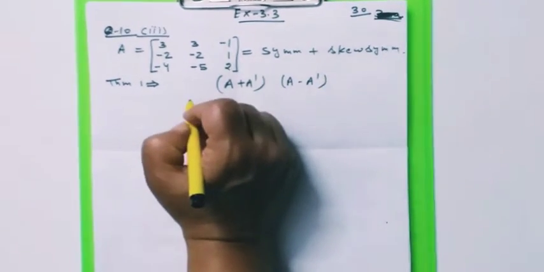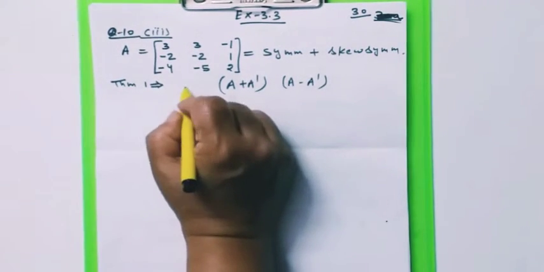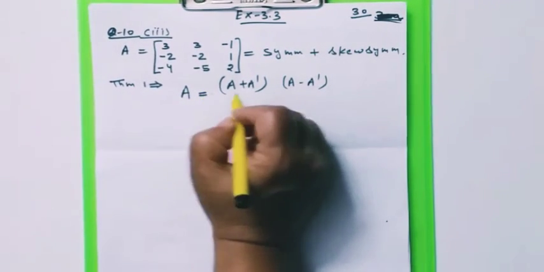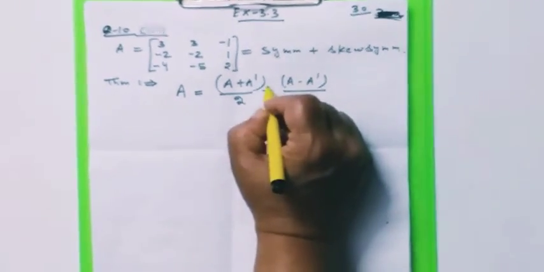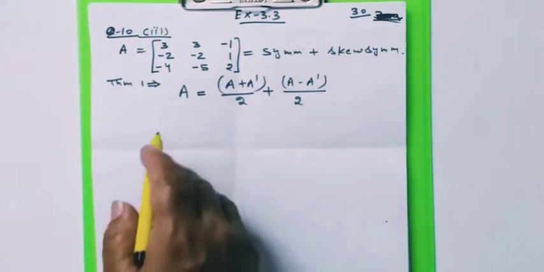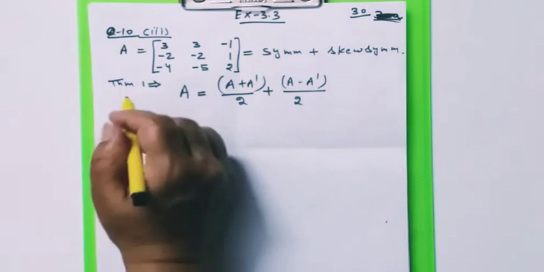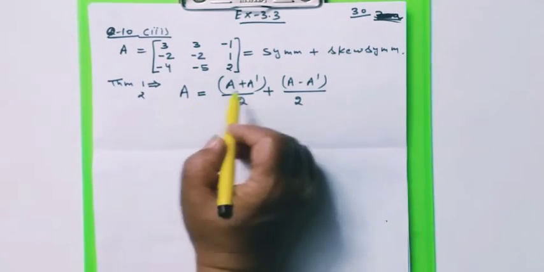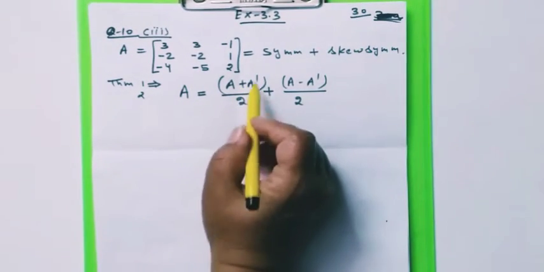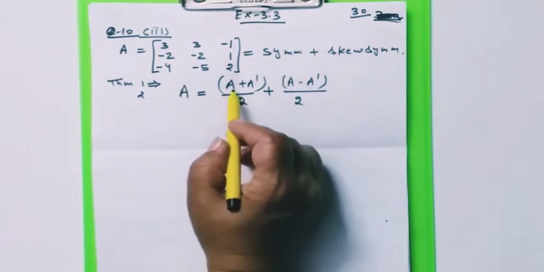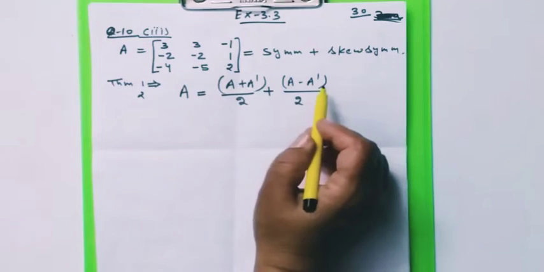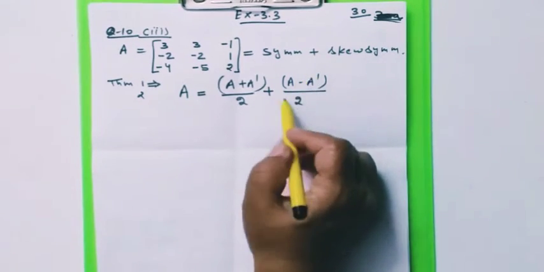So now I have to make use of theorem 2. Theorem 2 says that every square matrix can be expressed as the sum of a symmetric and a skew symmetric matrix. That is, A can be expressed as (A plus A transpose) upon 2 plus (A minus A transpose) upon 2. Theorem 1 says that this matrix is symmetric. Theorem 1 says that this is skew symmetric.